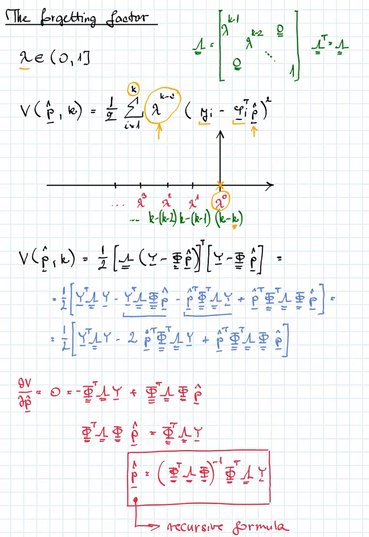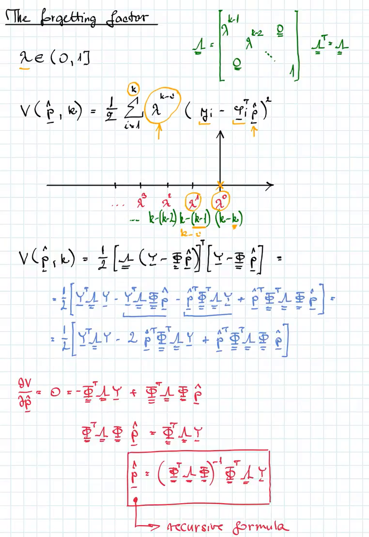What happens before the last element of the sum? We have the value of i equal to k minus 1. In this case, k minus i is equal to 1, so the weighting factor is lambda to the power of 1.